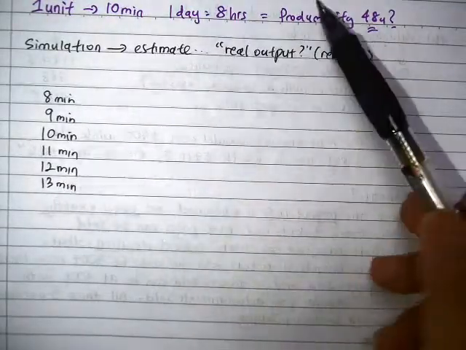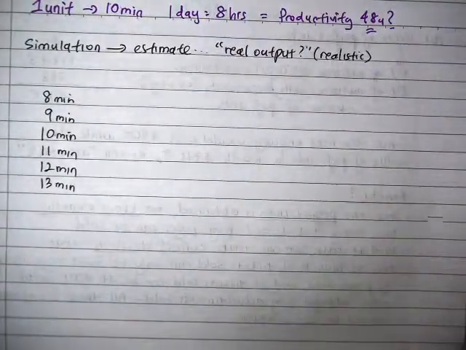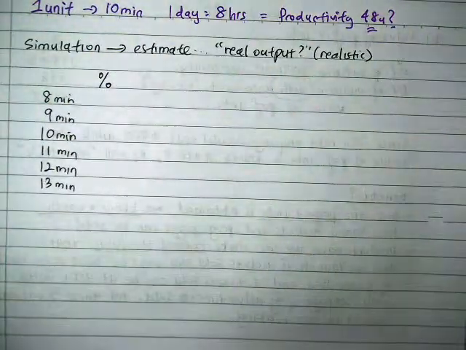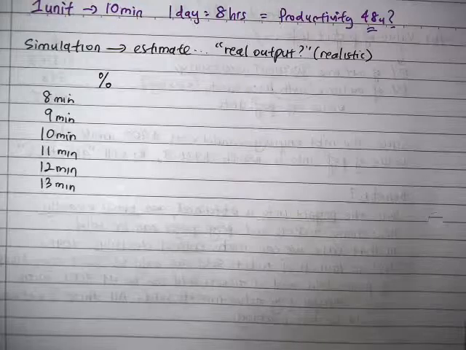So how do you estimate then? We must ask ourselves, what percent chance is there that it occurs this way?